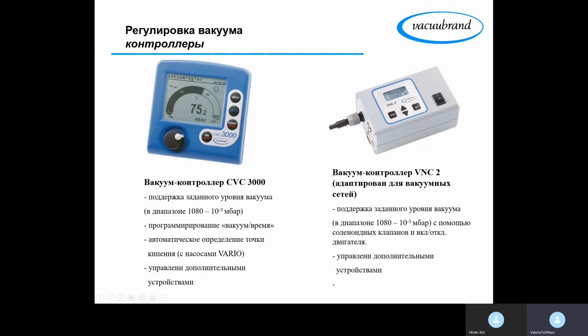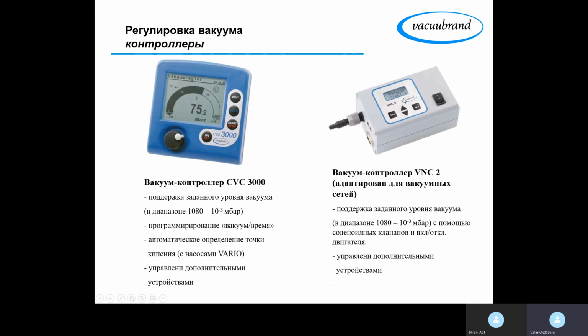And this controller, it is not shown in the picture, but on the other side it has an electrical inlet and outlet for the vacuum pump. So you are connecting the vacuum pump to the electricity, not directly, but through this vacuum controller. You connect it here, and another wire is connected to the socket on the wall.